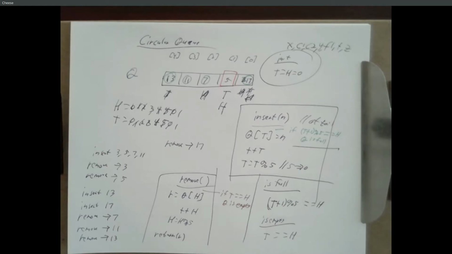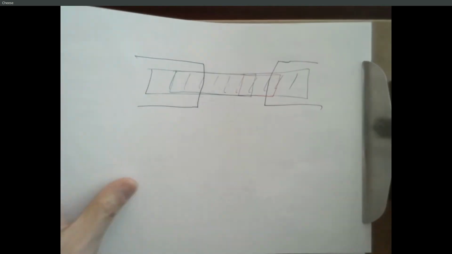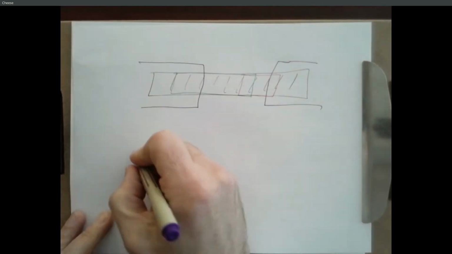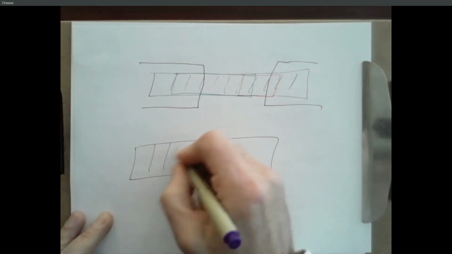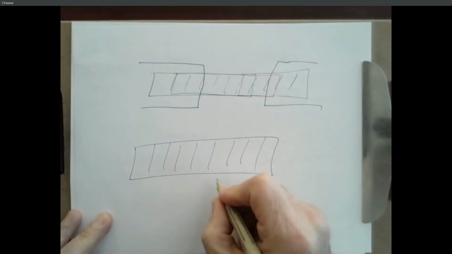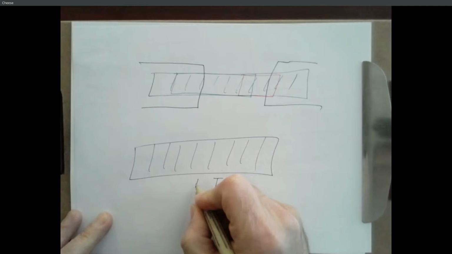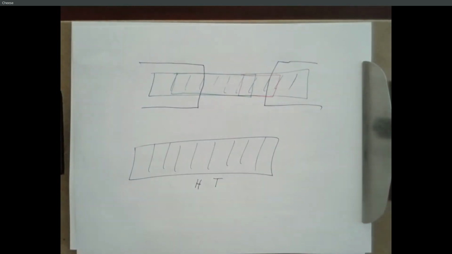Why do you put tail plus 1 modulo 5? Because tail plus 1 says, okay, right here you mean? Oh, so when you're inserting into your queue, so if your queue looks like this, this is the head, this is the tail.